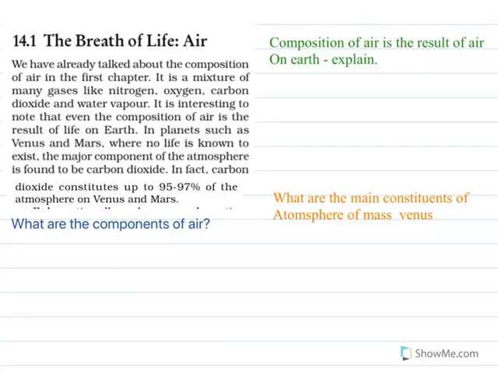The breath of life, or air. We have already talked about the composition of air in the first chapter. Air is a mixture of many gases like nitrogen, oxygen, carbon dioxide and water vapor. So with this we have a question, what are the components of air?